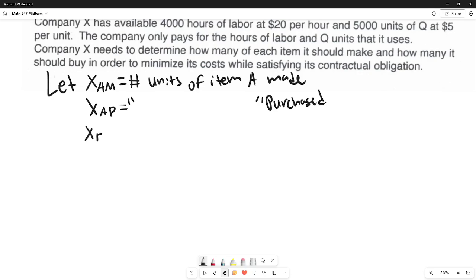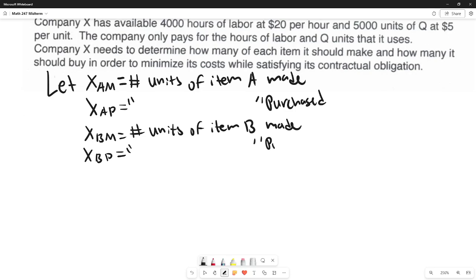Then XBM is equal to the number of units of item B made, and XBP equal to the number of units of item B purchased.